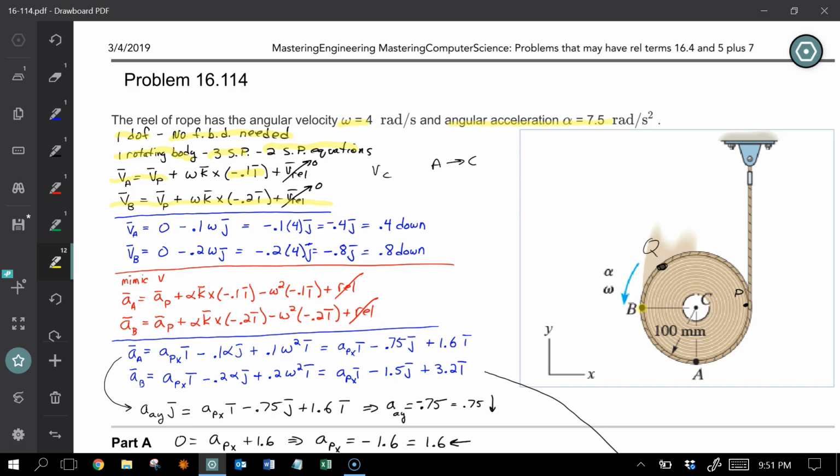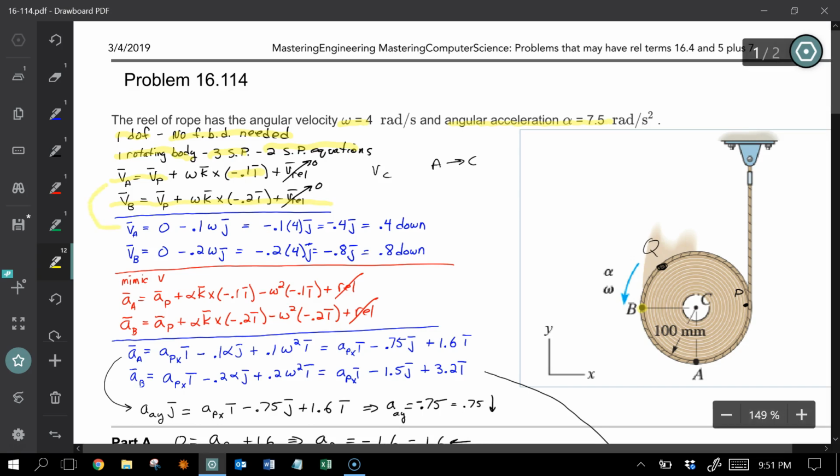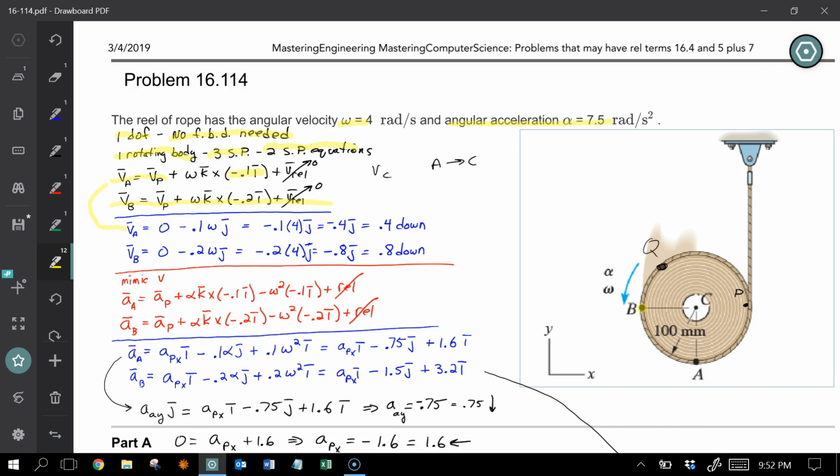Okay. The next thing I do is I'm going to plug things in. So in the blue, velocity of A, I'm just going to bring in this equation down here. Now P is equal to 0 because it's in temporary contact, no slip, with the rope. The table says that, under those conditions, the 2 points have the same velocity.